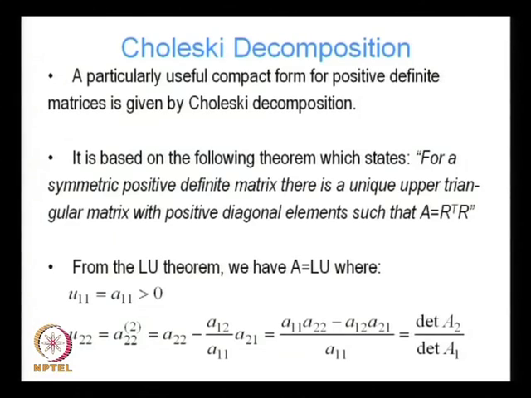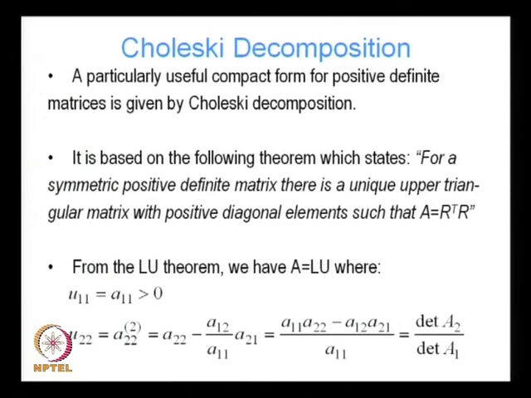This criterion is much narrower. It says that A is equal to R transpose R. So basically we are saying that A can be written in terms of an upper triangular matrix, and the lower triangular matrix is just the transpose of the upper triangular matrix.